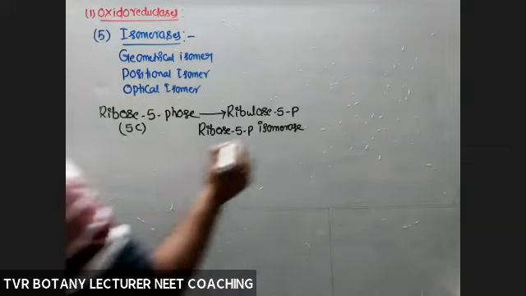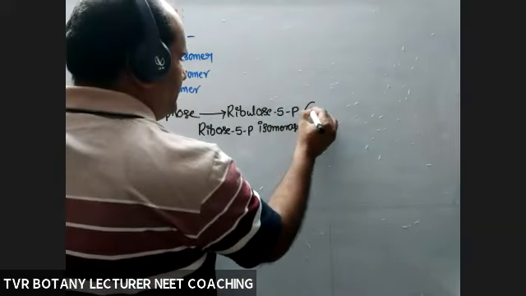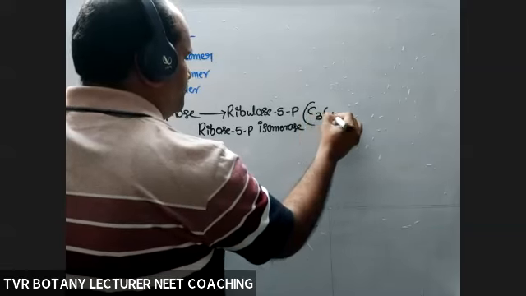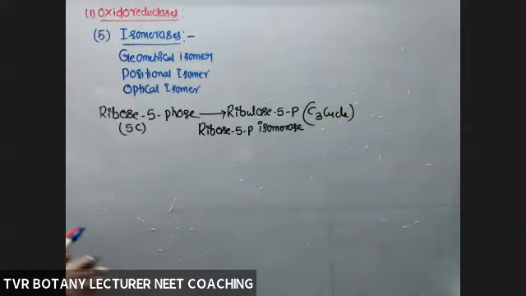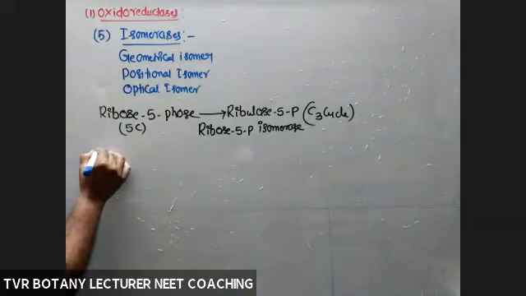Okay, so this reaction is present in the C3 cycle. We will see this one later, in the C3 cycle reactions. And the last one, the sixth class, is ligases.